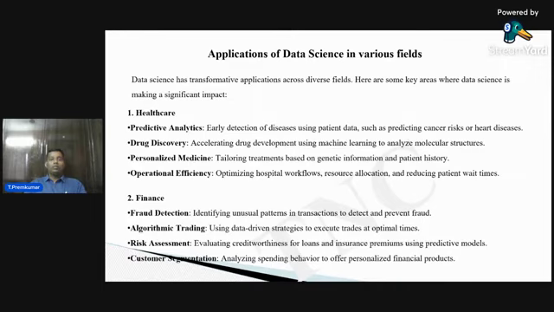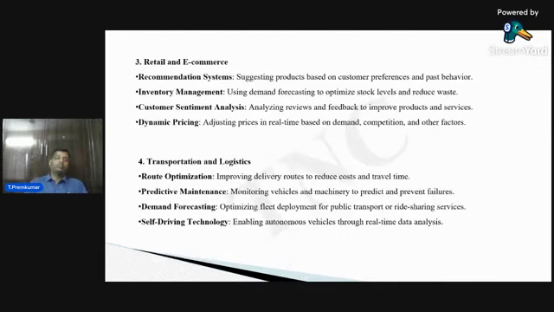So these are the two applications, and next we're going to see data science in retail and e-commerce. In e-commerce and retail, we have four different areas. The first is recommendation systems, which give suggestions for products based on customer feedback as well as preferences and past behavior of users and consumers.